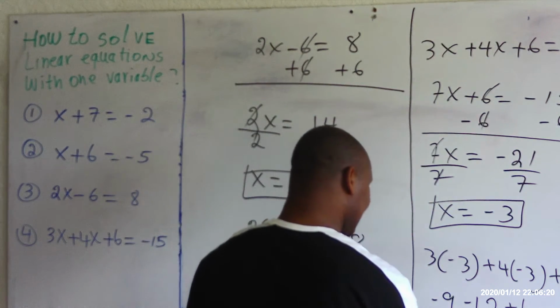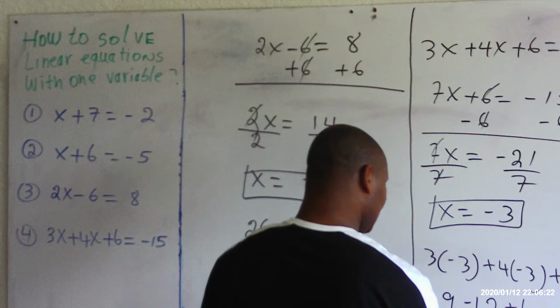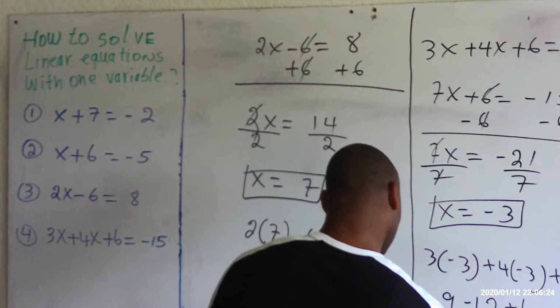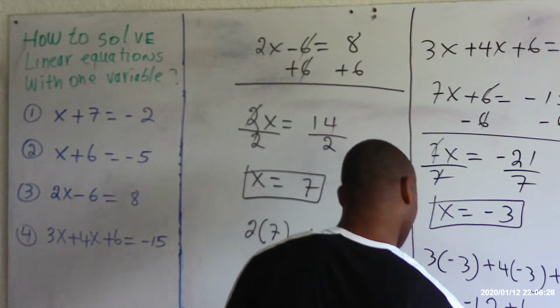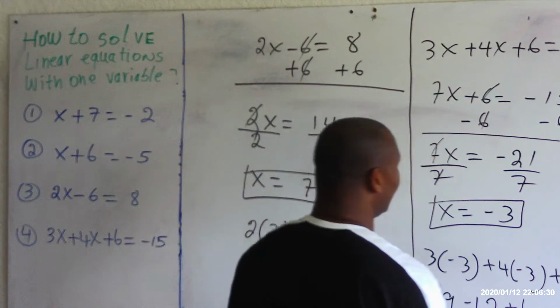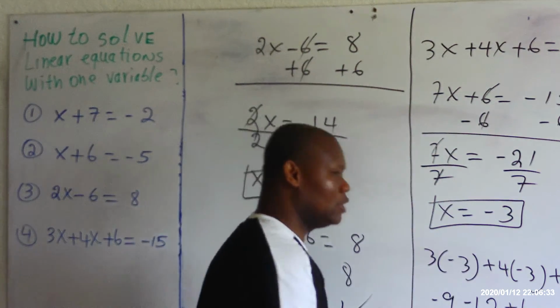Alright, you have negative 21 adding to 6, that's going to give us negative 15. So we are correct. Alright, so x equals negative 3.